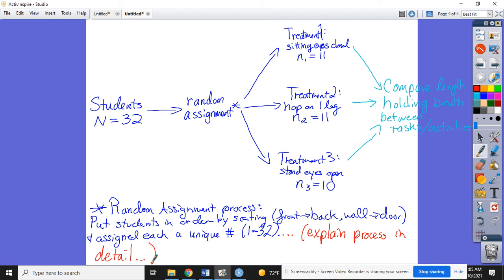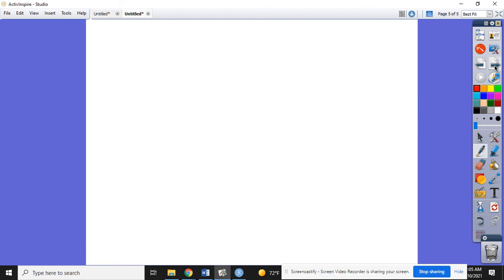So let's say we did table of random digits. I would have to go assign everybody a number. Let's write it together. Let's practice. So let's say we're going to do this table of random digits. What is my step 1? I don't care if you have it in front of you.